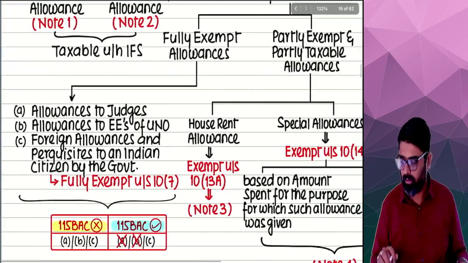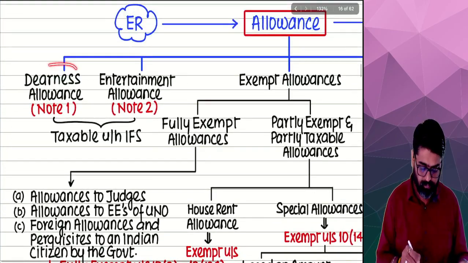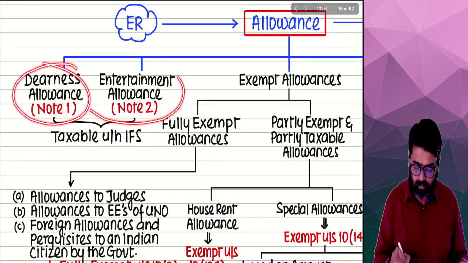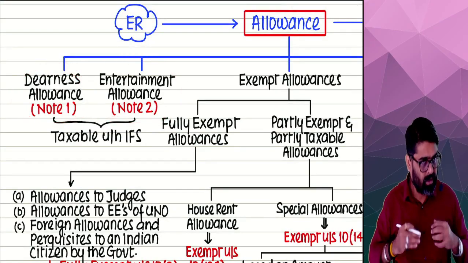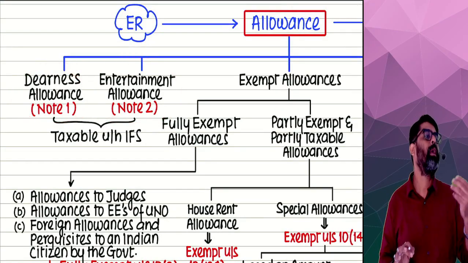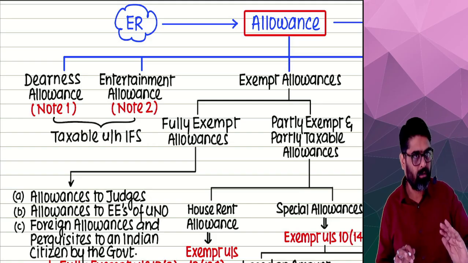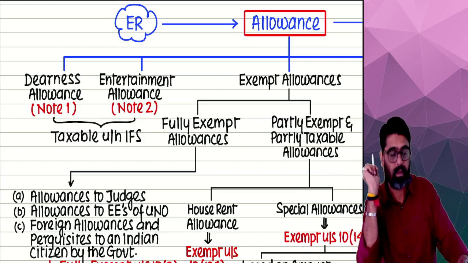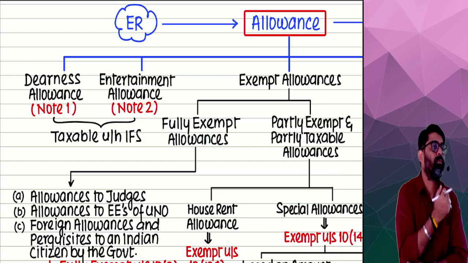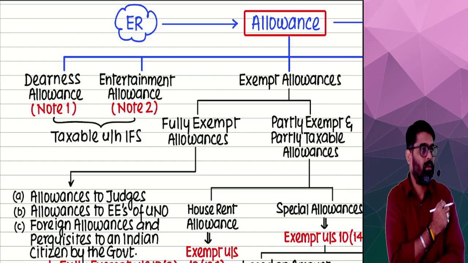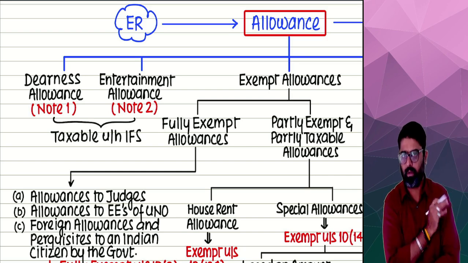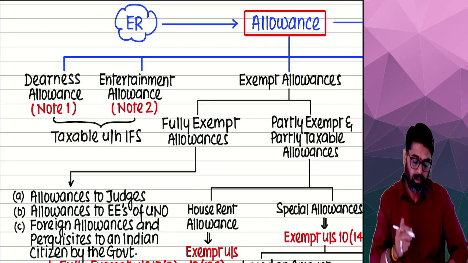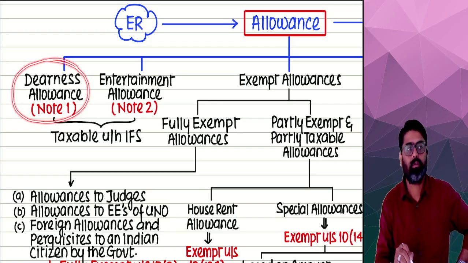So dearness allowance, what are you going to do? Taxable. Under the head salary, if the employer has given you dearness allowance, you are going to charge that dearness allowance under the head salary. Entertainment allowance, taxable. You have to charge that under the head salaries. Got it? But wait now. What is the meaning of dearness allowance?